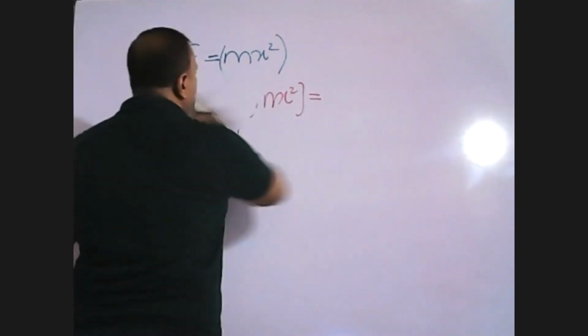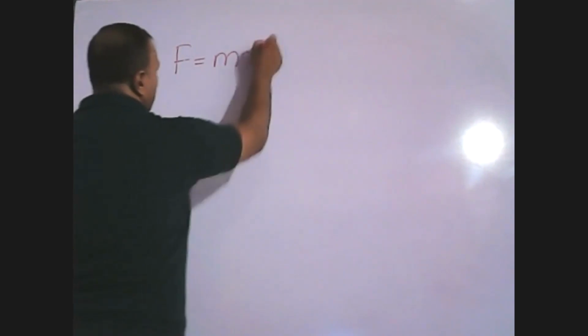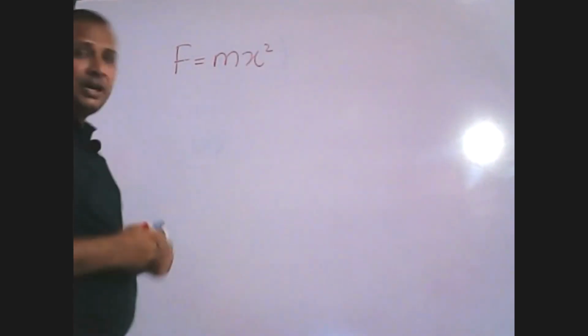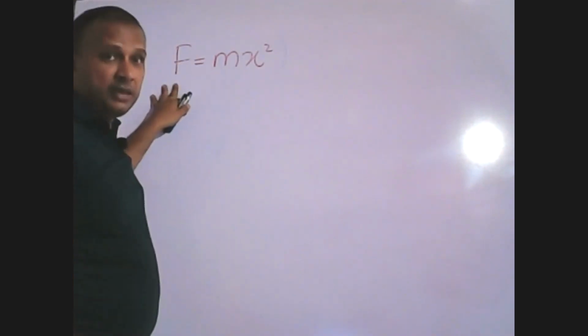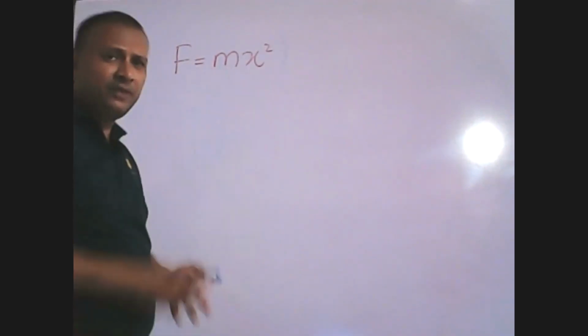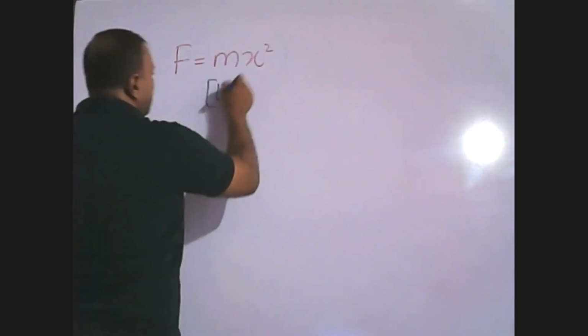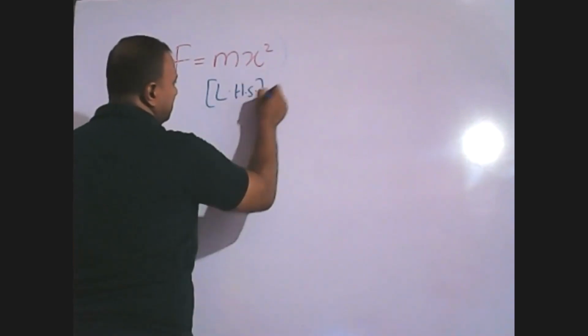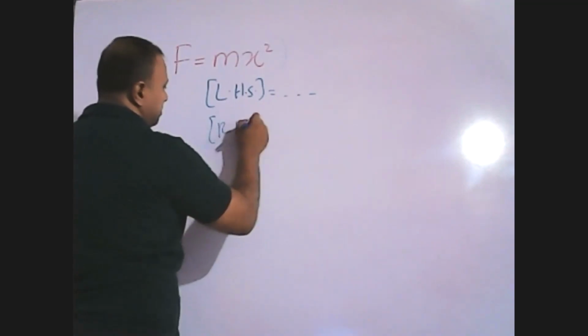In this kind of equation, Puta, suppose F equals mx squared, there are only two terms, one on each side. That means one term on the left hand side and the other term on the right hand side. Then definitely you can simply take the dimension of LHS and then the dimension of RHS.